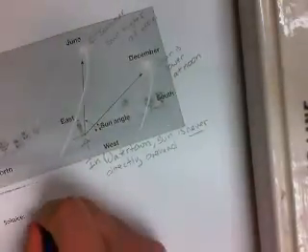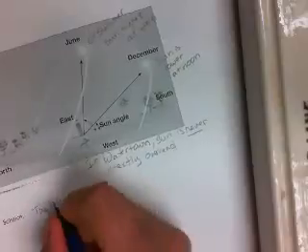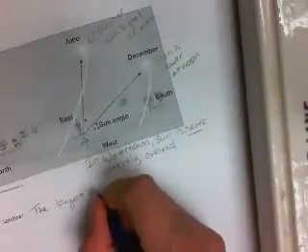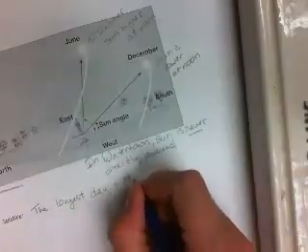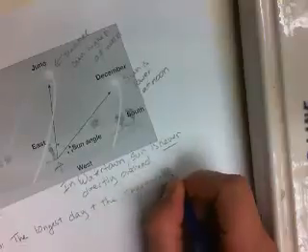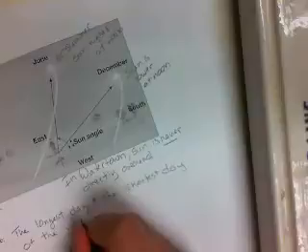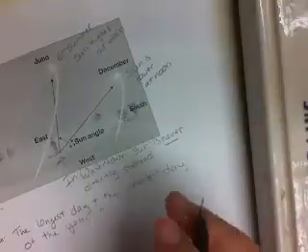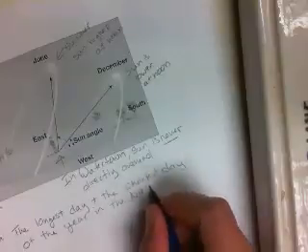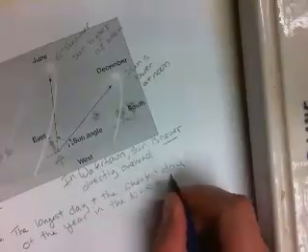Now, what's a solstice and what's an equinox? The solstice is the longest day of the year, and the shortest day of the year in the northern and southern hemispheres.